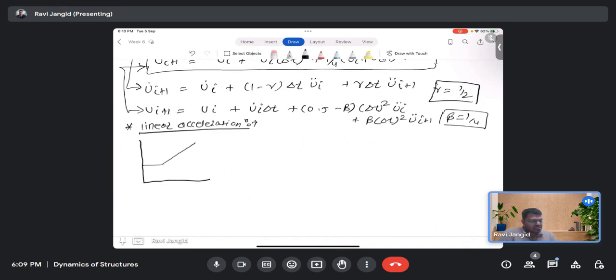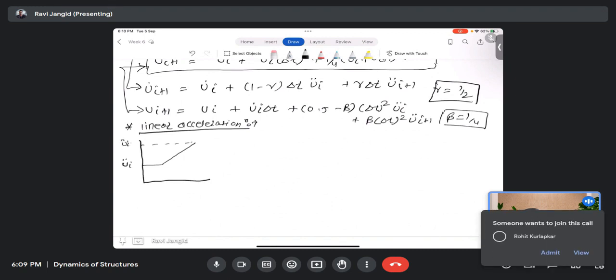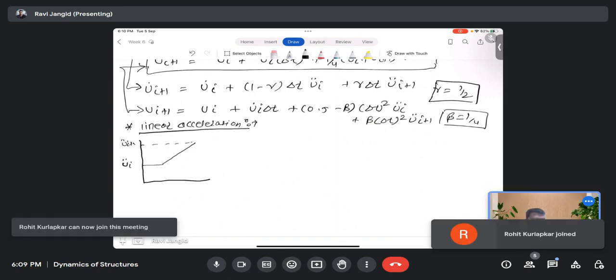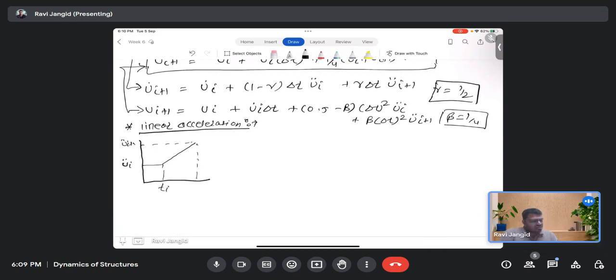Let us suppose at this point it is u double dot i, at this point u double dot i+1, and this is the time t i, and this is t i+1. So if I write it at t, what will be my acceleration? And let us suppose the difference between these is given as a delta.